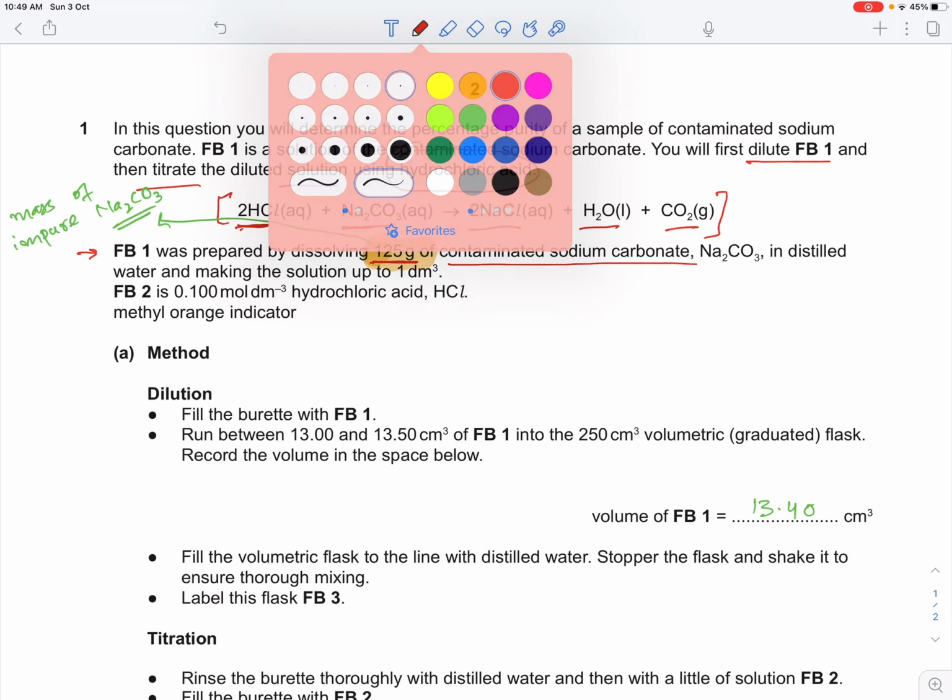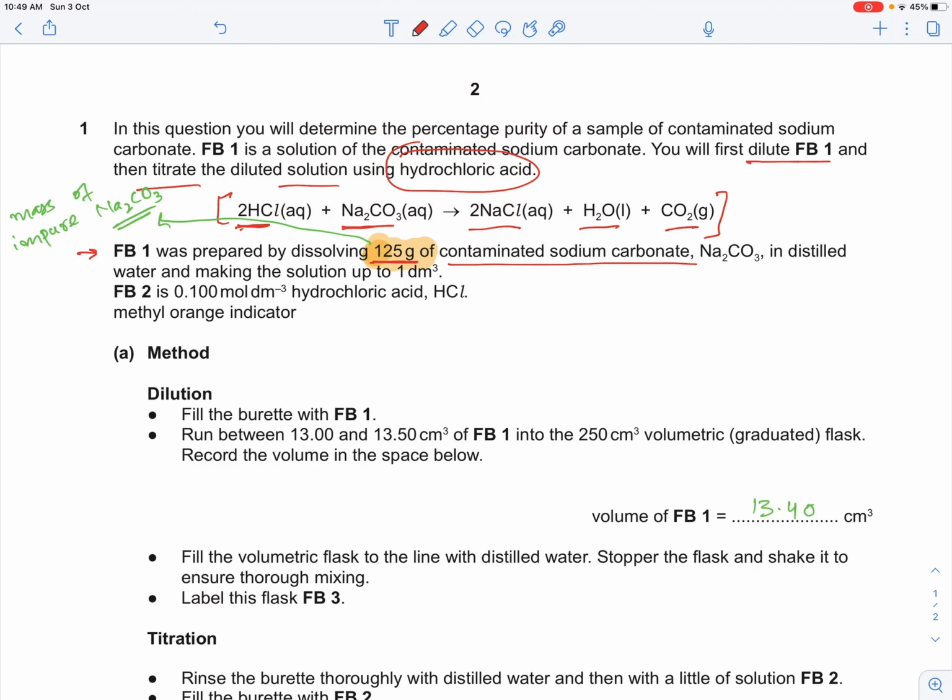So Fb1 was prepared by dissolving 125 grams of contaminated sodium carbonate in distilled water and making the solution up to 1 dm cube. So the volume we have of contaminated sodium carbonate solution is 1 dm cube.